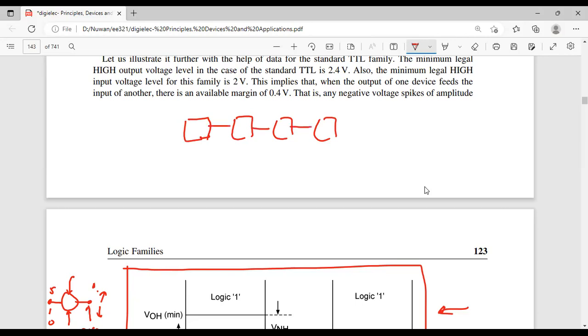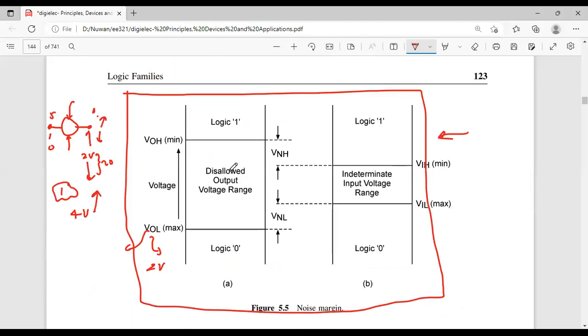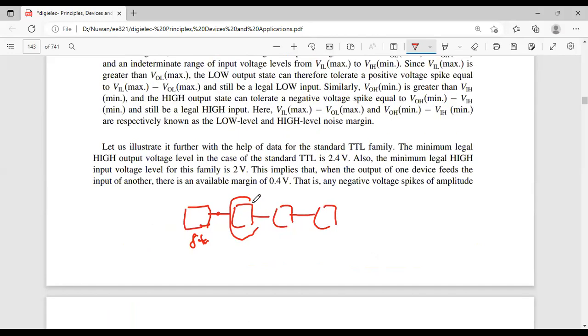All the flip flops are connected serially. So maybe the output voltage is in this region, and this device can't understand it as 1 or 0.